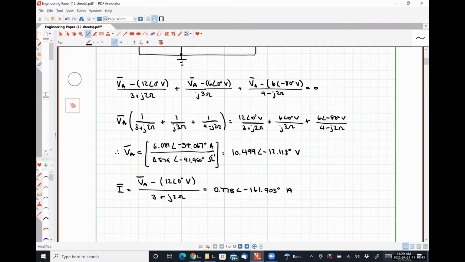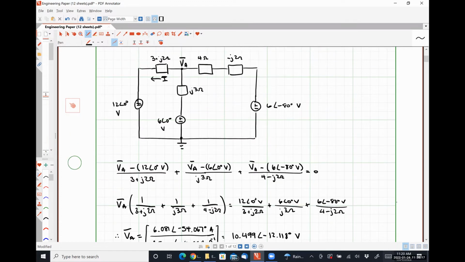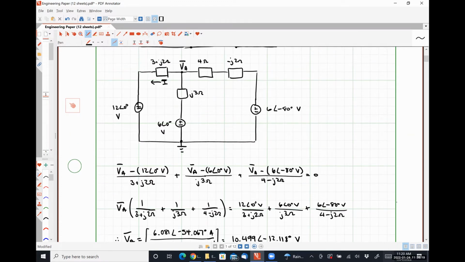How I looked at it, and I legitimately think that might have been a better suggestion. My original intention was to literally disconnect everything to the right of the 12 angle 0 degrees voltage source and the 3 plus j2 ohm resistor and replace it with a Thevenin equivalent circuit so that it'd be a simple single loop circuit that I could easily solve for the current.